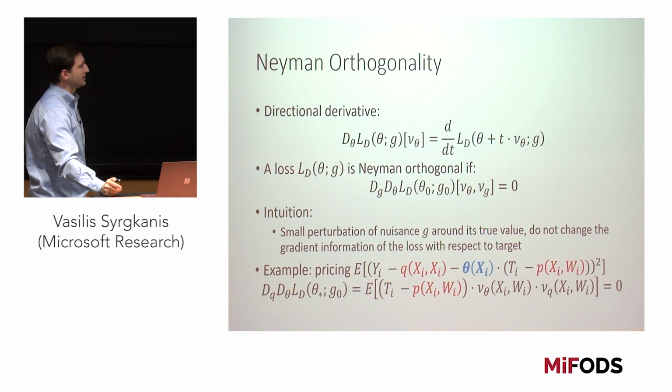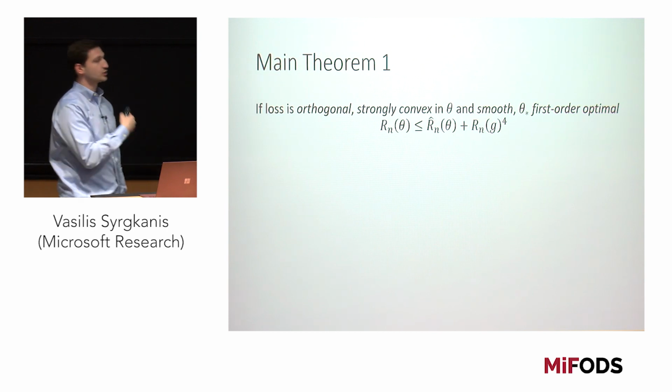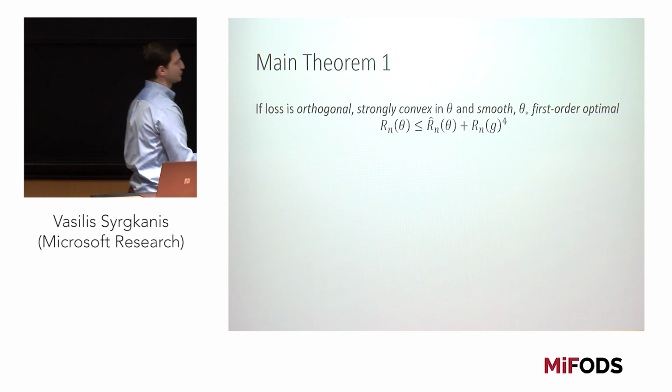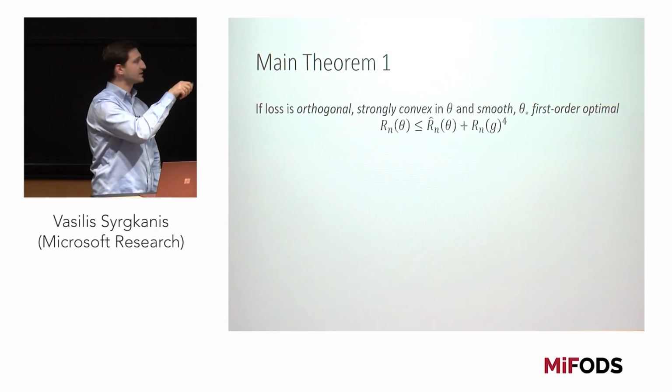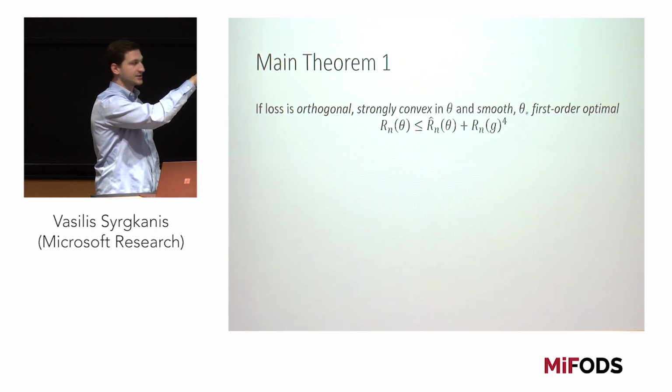And so one of the main theorems that we proved was that if a loss is orthogonal and strongly convex, so these types of square losses, and satisfies several smoothness properties, then the oracle excess risk that we care about is indeed upper bounded by this plug-in excess risk plus a second order effect from the first stage estimation errors.